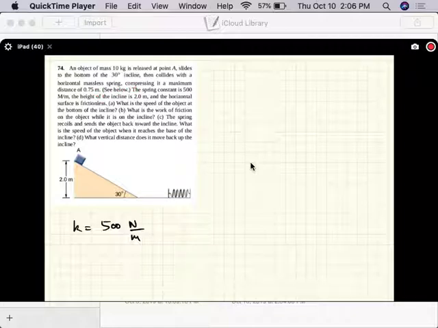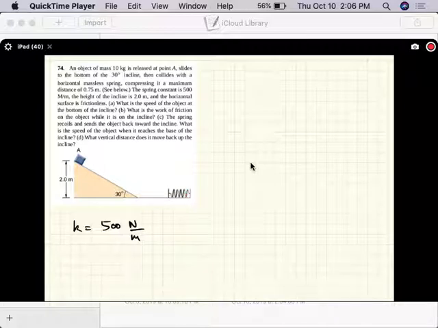So here's how you have to do this. What is the speed of the object at the bottom of the incline? We'll have to calculate the speed at the bottom of the incline from the compression of the spring. This is frictionless, so the faster it's going at the bottom, the more the spring compresses.